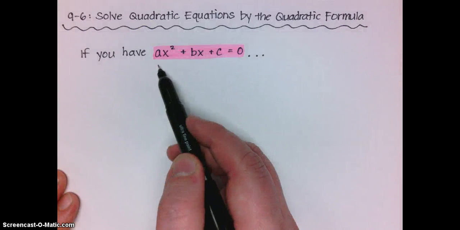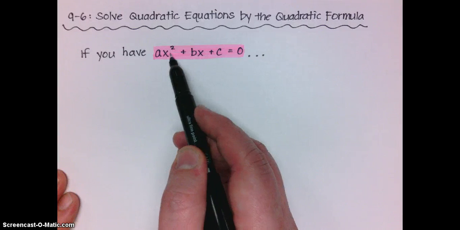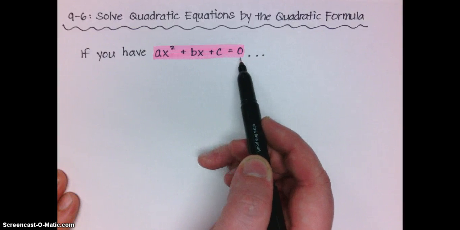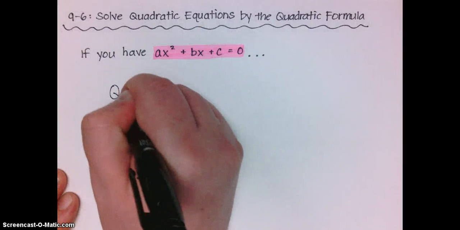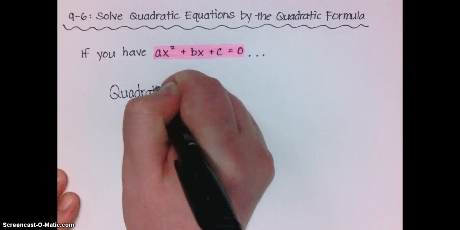So if you have an equation and it looks like ax squared plus bx plus c, and you have it equal to 0, you can use the following equation. And this equation is called the quadratic formula.